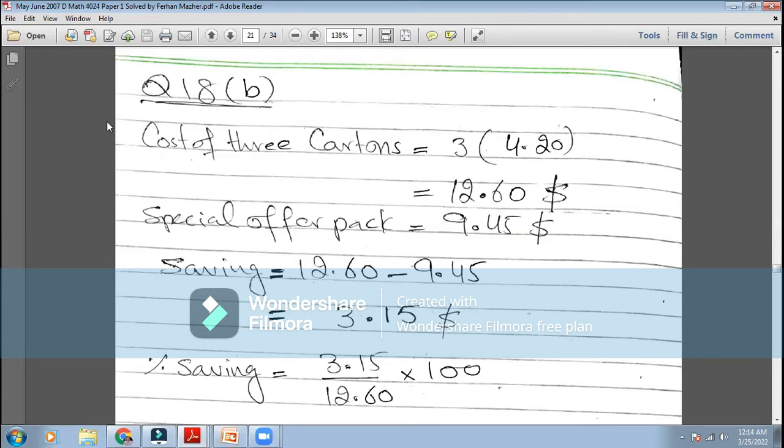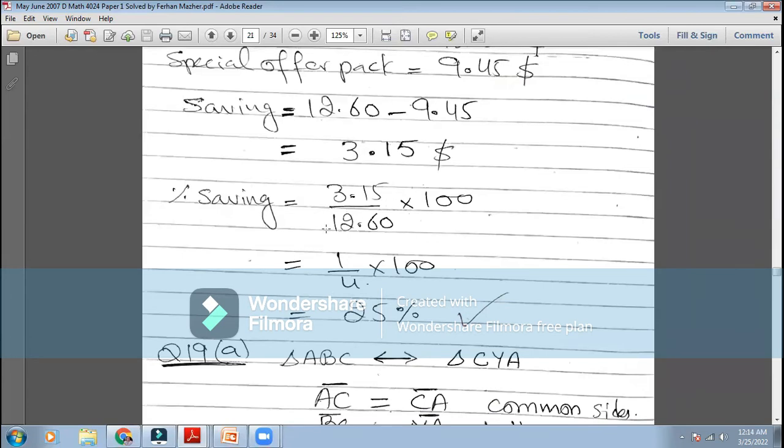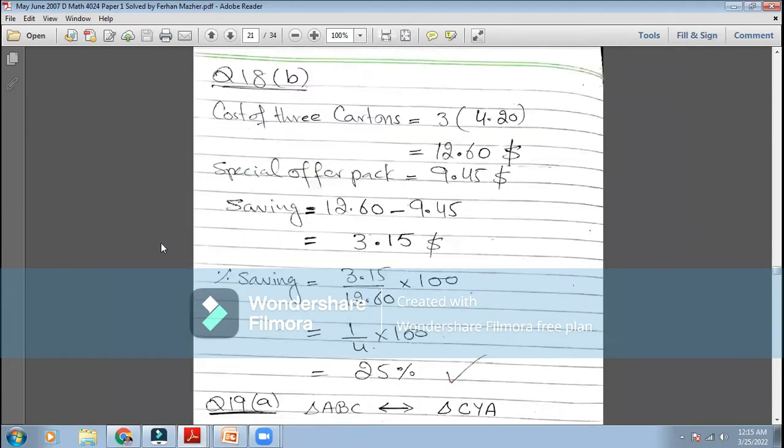So 3.15 divided by 12.60. 3.15 multiplied by 4 is 12.60, so 100 divided by 4 is 25. So 25% is the saving, and I have checked the answer with the marking scheme, it is right. I hope you understand.